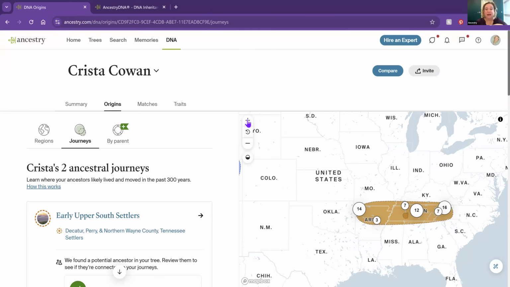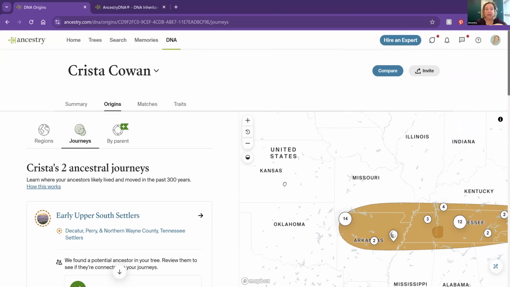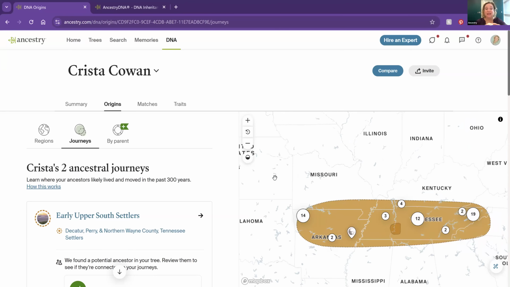So the first journey that I have here is what's called early Upper South settlers. And it covers a really wide swath of place, right? It starts here in Tennessee, goes all the way across the state, ends up in Northwest Arkansas.